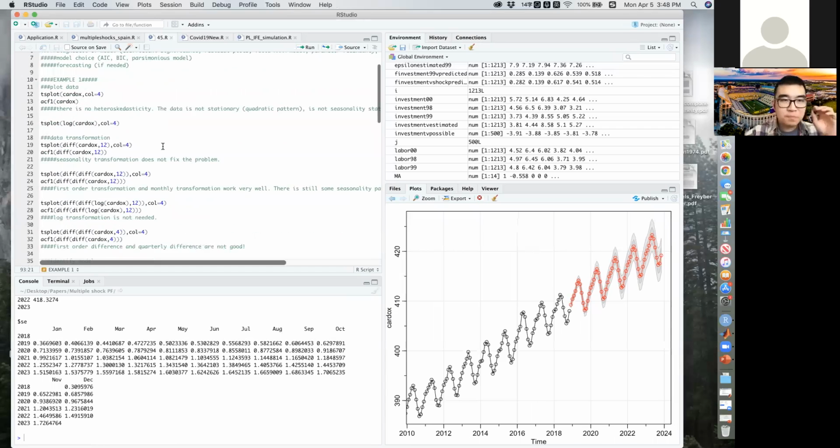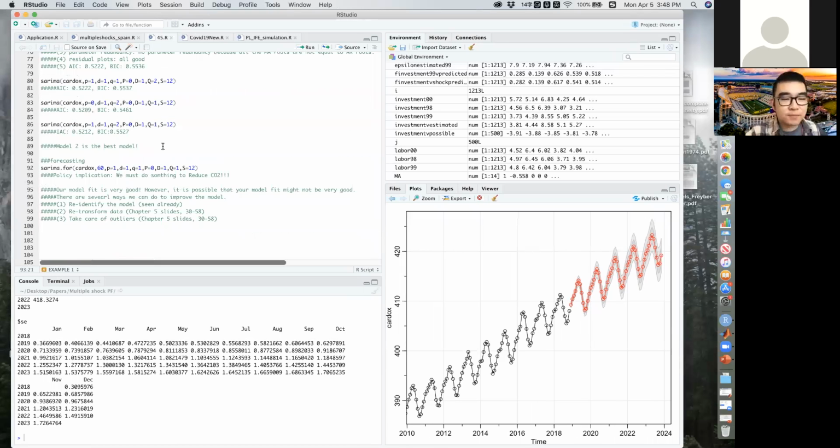Okay, so yeah, if there's no questions, I want to talk a little bit more about the model fit. Okay, so yeah, these are some things that I see from your research project. So in this example, the model fit is very good.